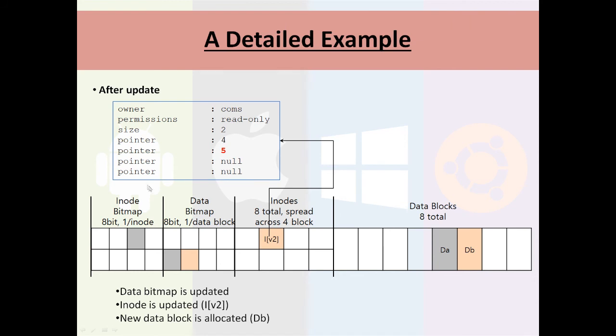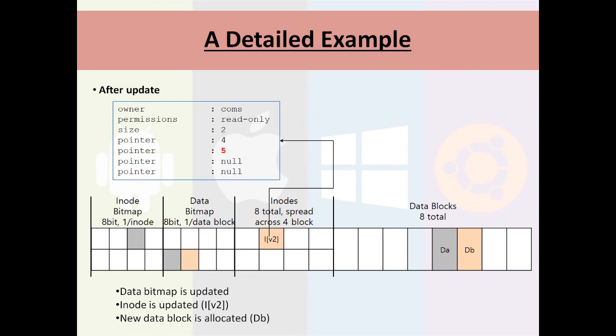Cool. So this is now after the update. And now in the memory of the system, we have 3 blocks which we must write to the disk. The updated inode, and you can see that there, inode v2, just so you know that's version 2. It now has the first pointer pointing to 4, the second pointer pointing to 5, and you can see the size has changed to 2, which makes sense.